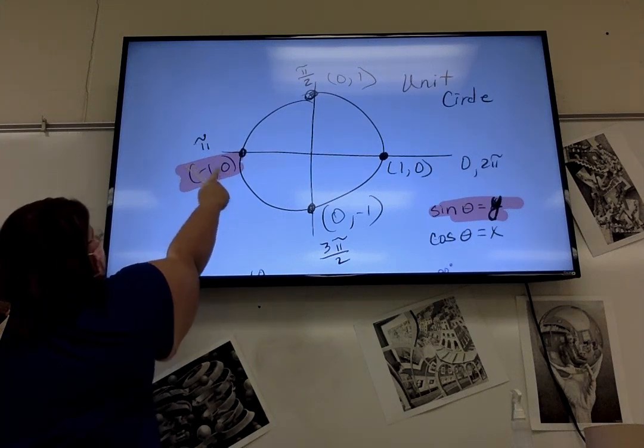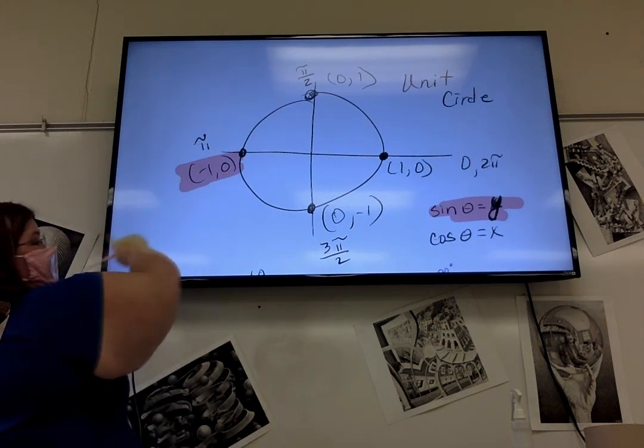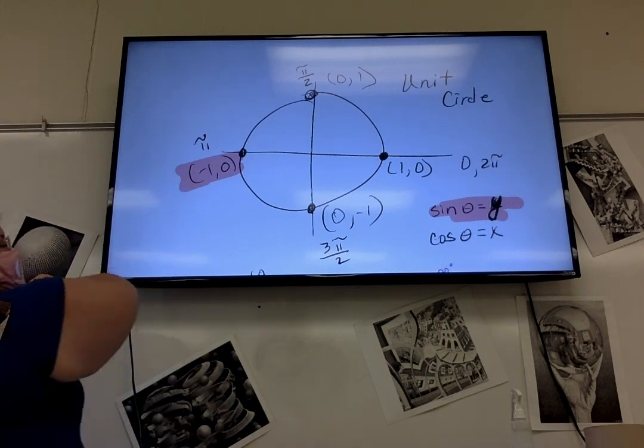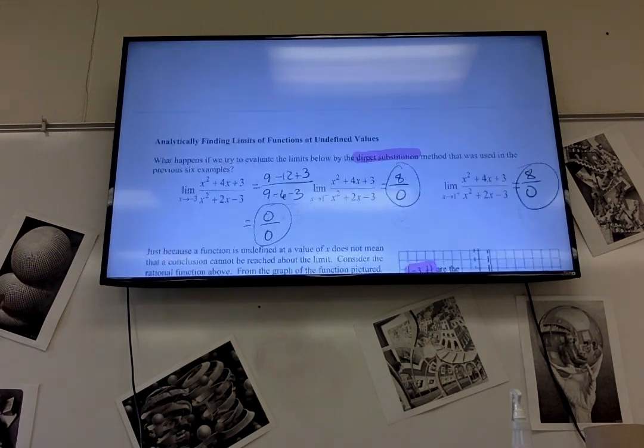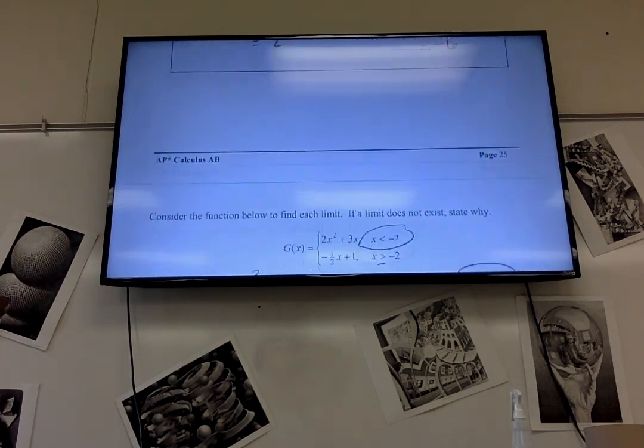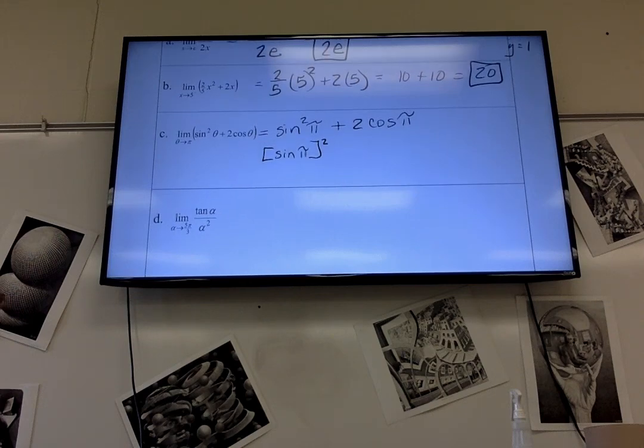So 0, and then cosine would be the x coordinate, and that's -1. So that would be 0 squared plus 2 times -1, which is -2.